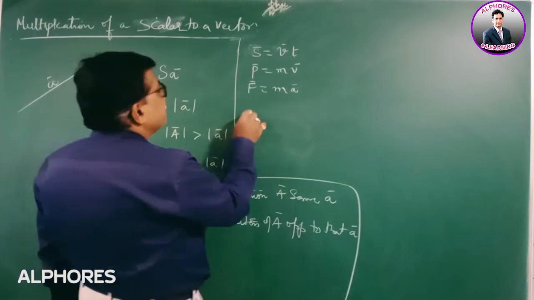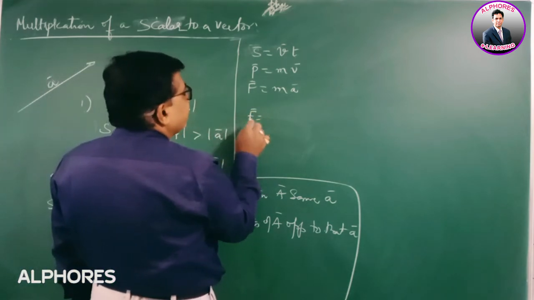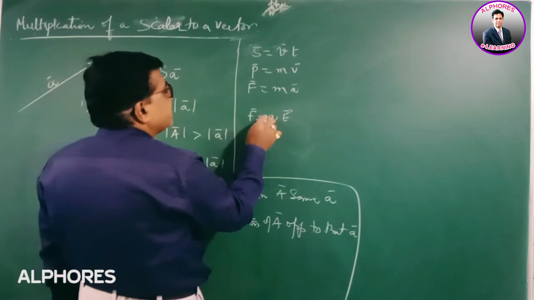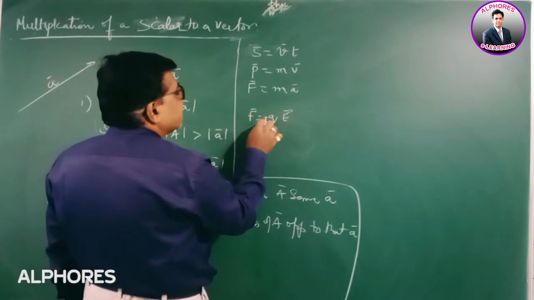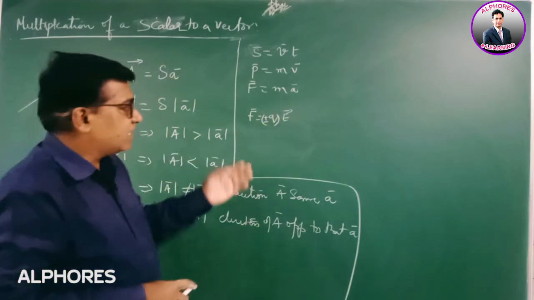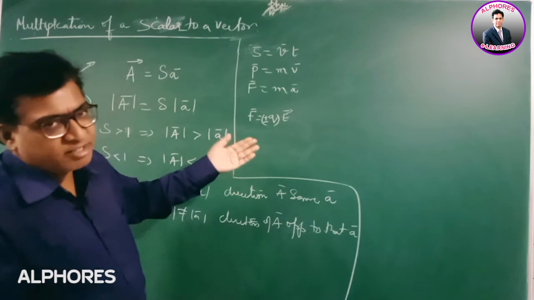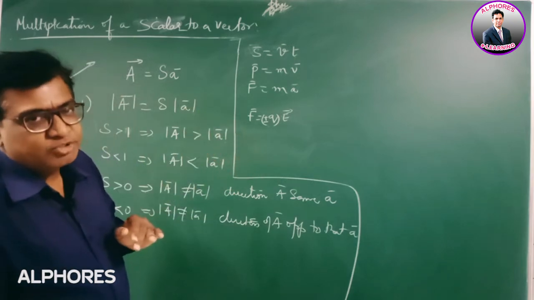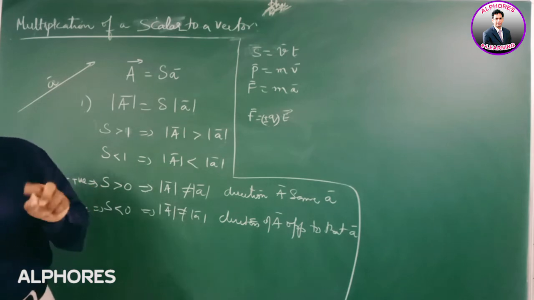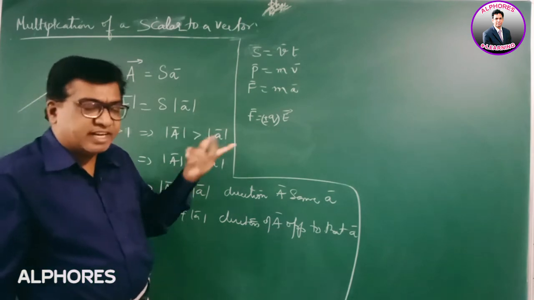But sometimes a scalar can be negative. F is equal to charge into electric field. If charge is positive, it will be the same direction. Charge negative, opposite direction. Charge can be positive or negative. According to that, the force also differs. So this way, sometimes there are vectors which represent the opposite direction, negative.